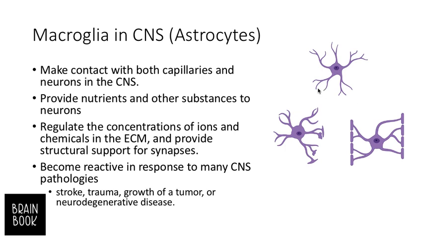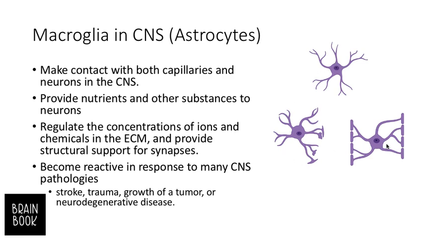For this reason, they could play an effective role in structural support, and they could also change to the reactive form in response to many injuries or pathologies in the central nervous system, including strokes, trauma, growth of tumors, or even neurodegenerative diseases in the nervous system.